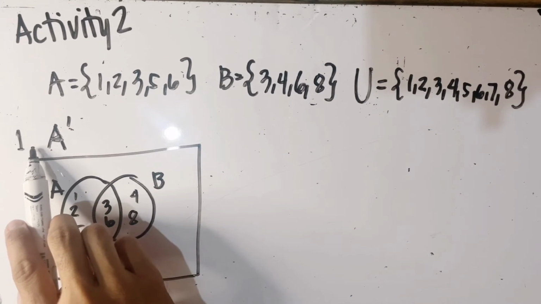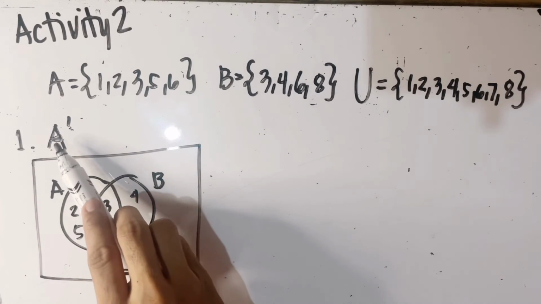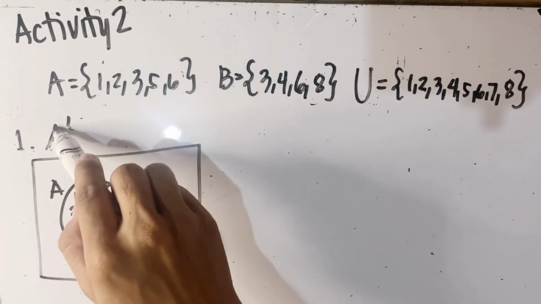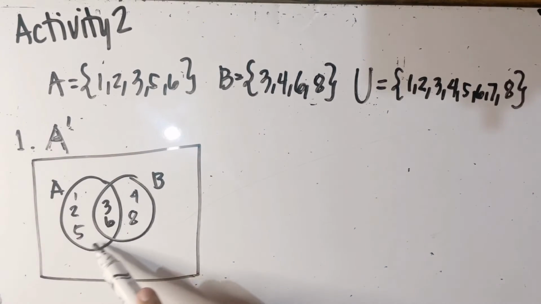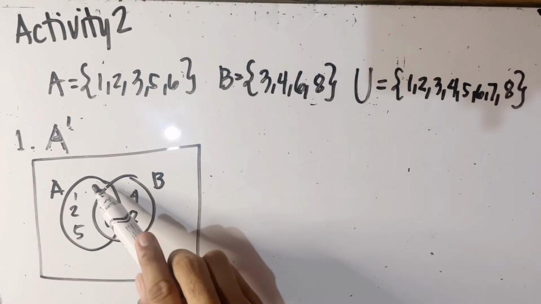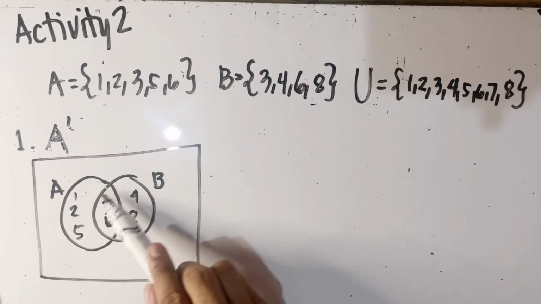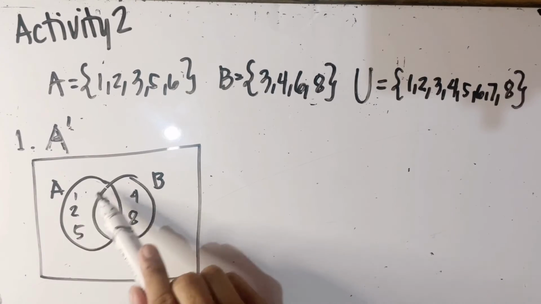Next, for number 1, we will just be solving for the complement of A. The set A is this circle. So if this is set A, it means this circle is not included. So this will not be shaded.